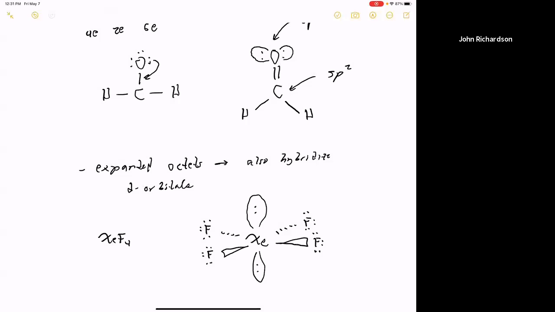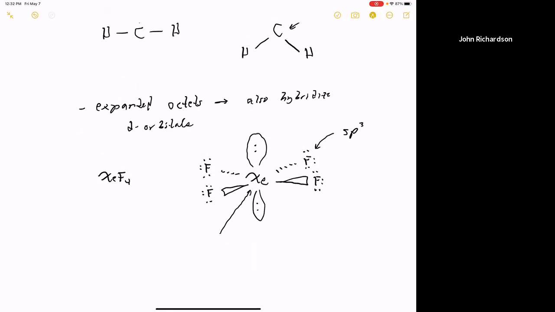Let's do the fluorines first. They're all the same, but those are easy to do because how many bonds are we making out to the fluorines if we're counting the electron pairs as bonds? It looks like 4. So if you have 4, that means the fluorine has to be sp3 hybridized. We've got to have our 4 hybrid orbitals to stick all those electrons into. But what about the xenon?